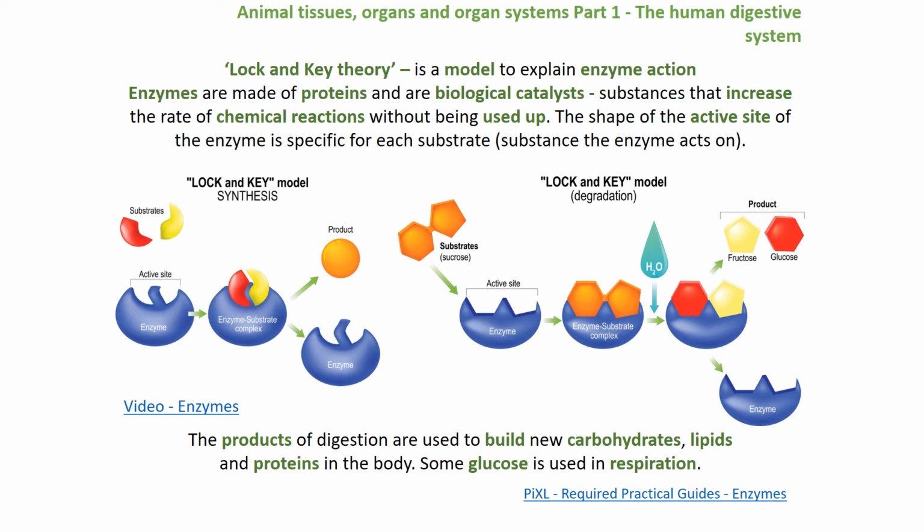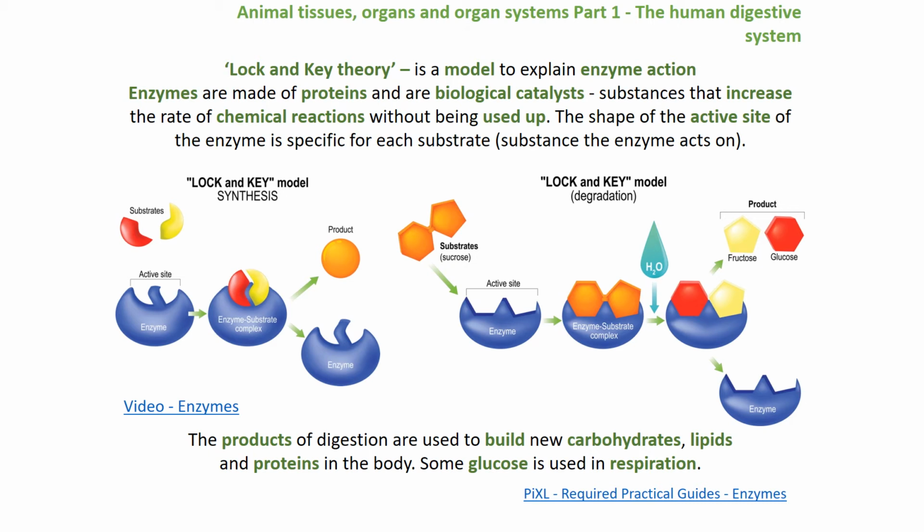Now, the shape of the enzyme is very important, and where all of the fun happens is called the active site. So that has got a specific shape that fits together with a specific substance. Now you can see there's two diagrams showing the lock and key, and what it is showing is that enzymes will either break things down, such as in digestion, but also enzymes build things up.